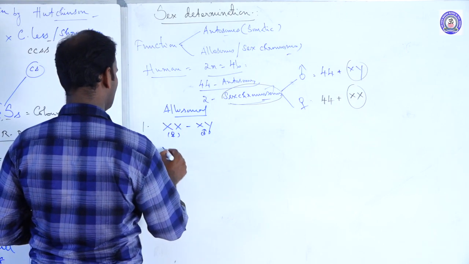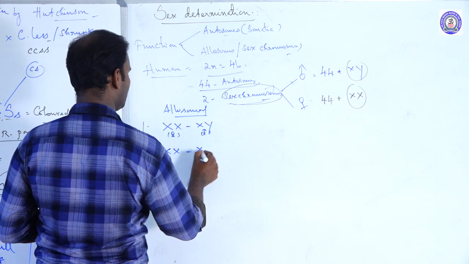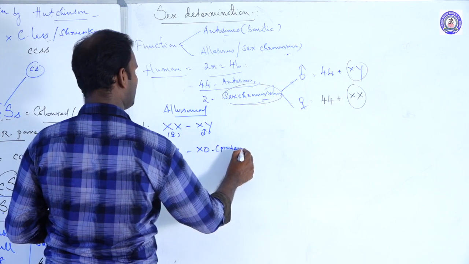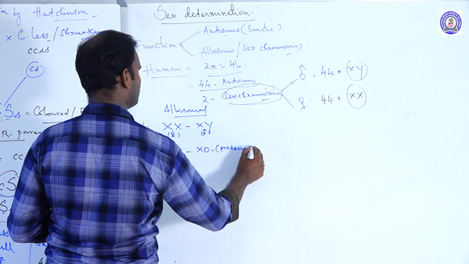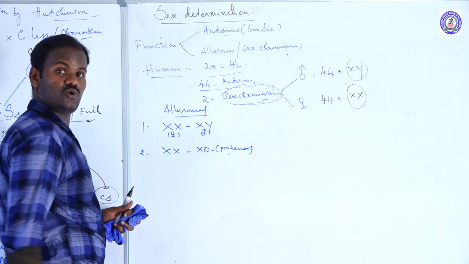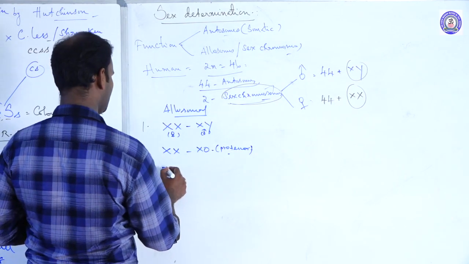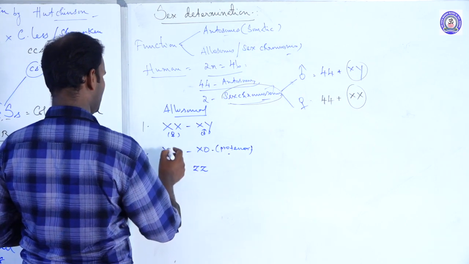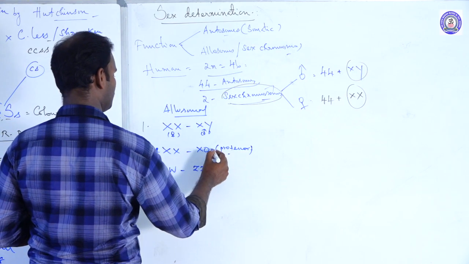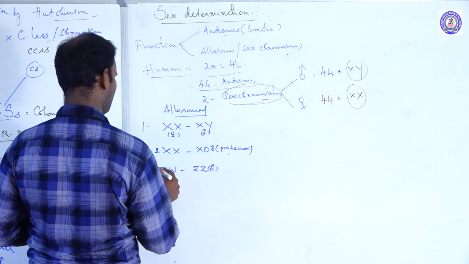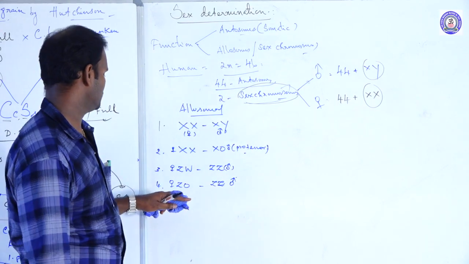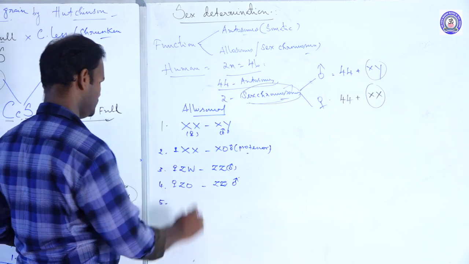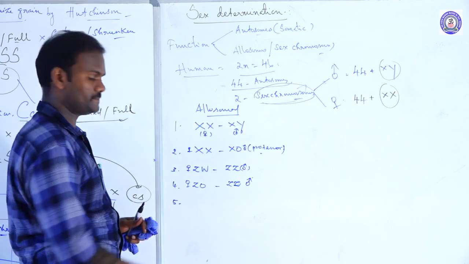The second one is XX, X0 type, also called protenor type. The third one is ZW, ZZ type: ZW female, ZZ male. The fourth one is ZO, ZZ type. Then the fifth one is haplodiploid type.